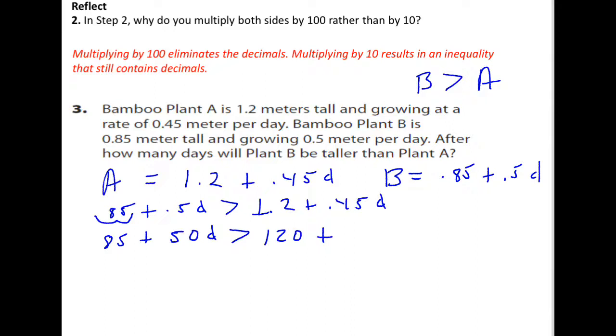Okay, so moving my decimal place 2 places, this will be 45D. Now, the only thing we have to do is move our variables to one side and move our constants to one side.